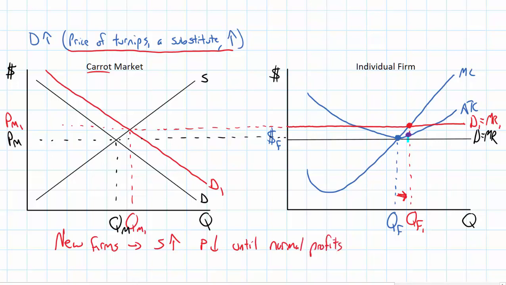When you earn normal profits, there's no incentive to join the industry, and there's also no incentive to leave the industry. So I'm going to have the supply increase, and it's going to come back until I'm at the same price that I was before when I was earning a normal profit, which you can see from right there.